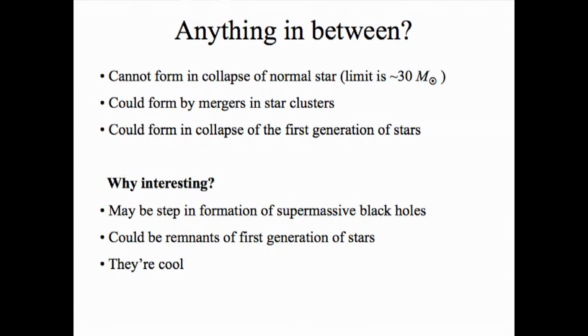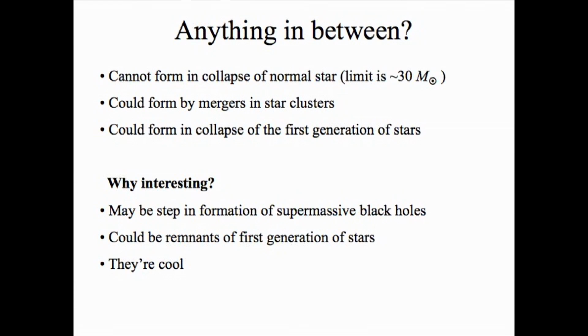But you're clearly not going to get a black hole that weighs any more than the star weighed to begin with. And there aren't any stars that weigh more than about 100 solar masses. In fact, most of them lose most of their mass over the course of their lifetimes, or a fair fraction, like half. So you can't form a 1,000 solar mass black hole, or even a 100 one, in the collapse of a normal star. Okay, you could form them in mergers in star clusters, which I'll talk about in a minute.